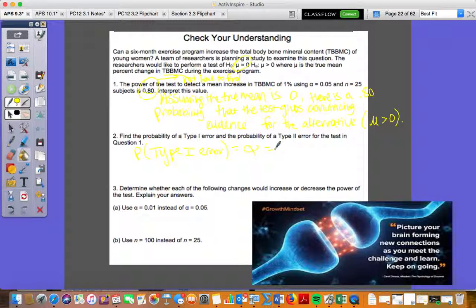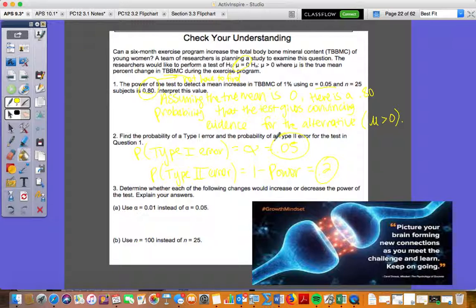Which in this case was what? 0.05. Good. A probability of a type 2, this was the new one off the podcast, is equal to 1 minus power. Good. So in that case, what would it be? 0.2? Good.